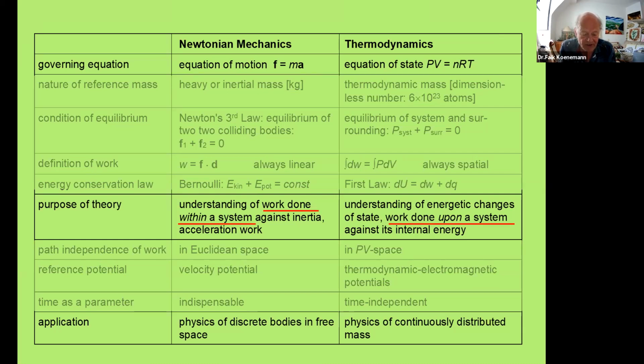Work done in a Newtonian process will change both the kinetic and the potential energy, but not their sum. The state of the system is constant. The work is therefore done within the kinetic system. Instead, thermodynamic work is done upon a system. There is no bridge. These two work terms are entirely different in nature.